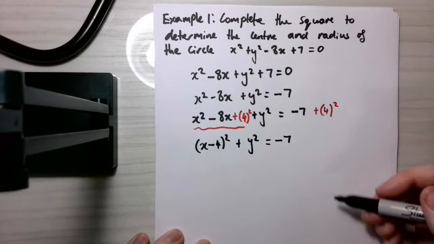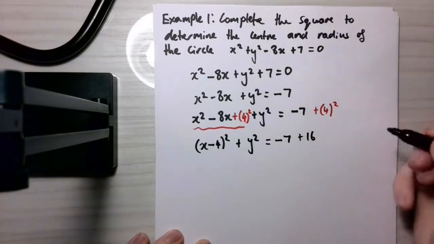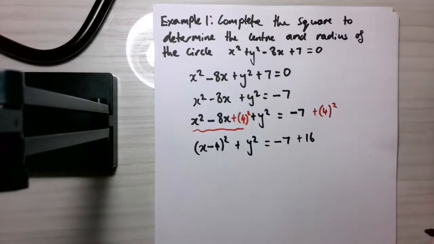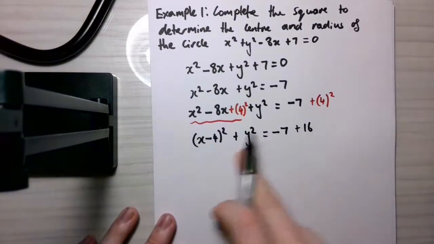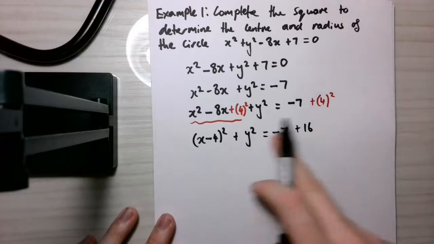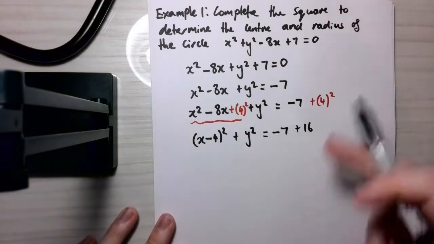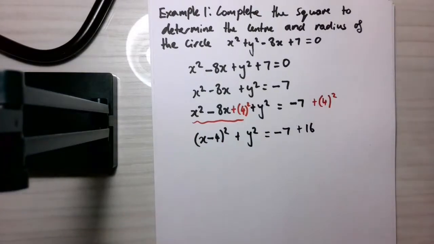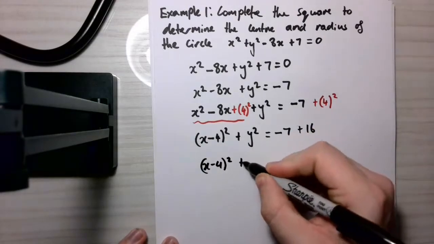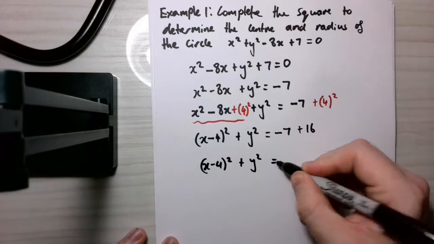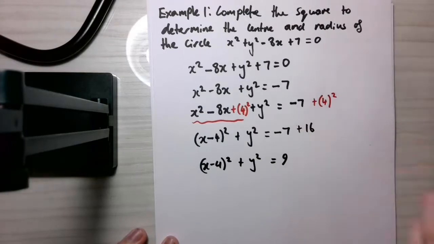Now plus 4 squared is actually plus 16. So let's just do a little bit of tidying up here. And the reason why we're going to jump straight to tidying up is because there's no terms that we actually need to tidy up here. There's no terms for the y squared that we actually need to complete the square for. So just follow me along. So x minus 4 all squared plus y all squared is equal to -7 plus 16, which is 9.